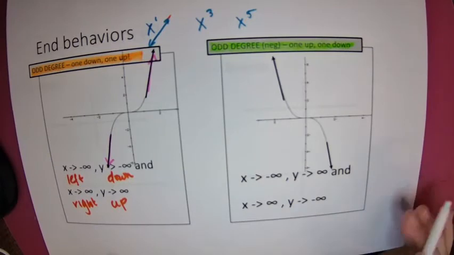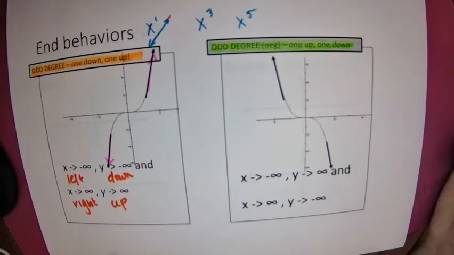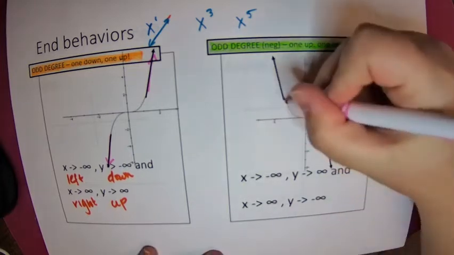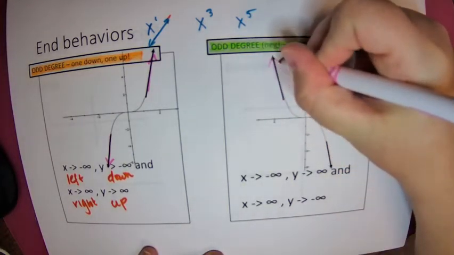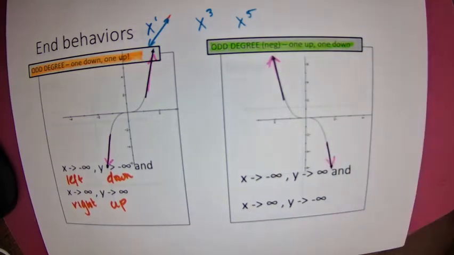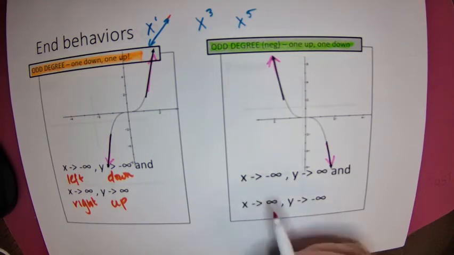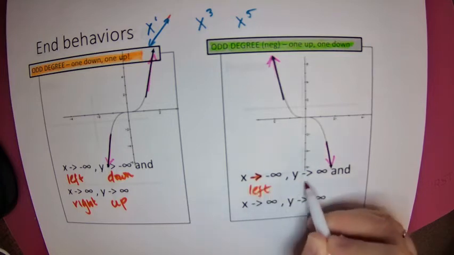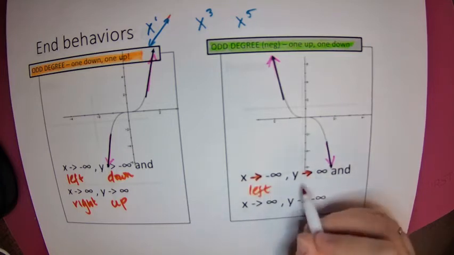However, if we have an odd degree and we've got some negative going on, then what we'll have is the left arm going up and the right arm going down like this. And so we write it fancily like this. As x approaches, this is an arrow, by the way. Maybe I should have written it like that. As x approaches negative infinity, that's to the left, y approaches positive infinity.